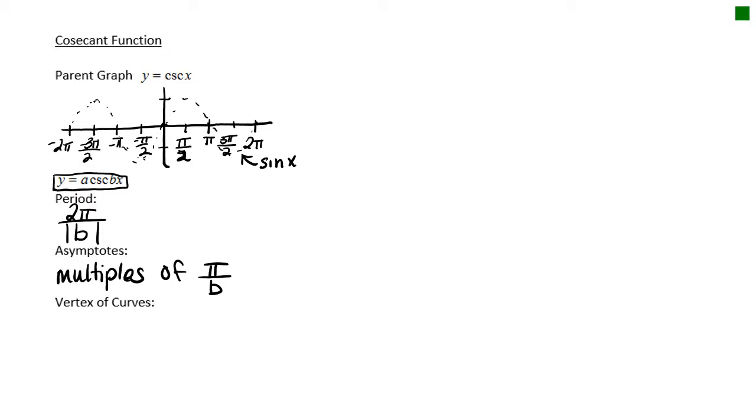So wherever there's a 0 now, we're going to have an asymptote, because the reciprocal of 0 is undefined. And then let's talk about the graph.